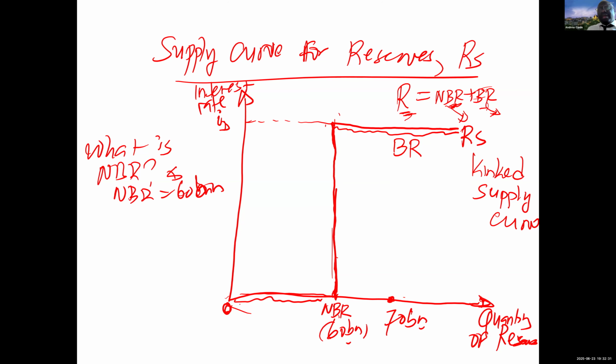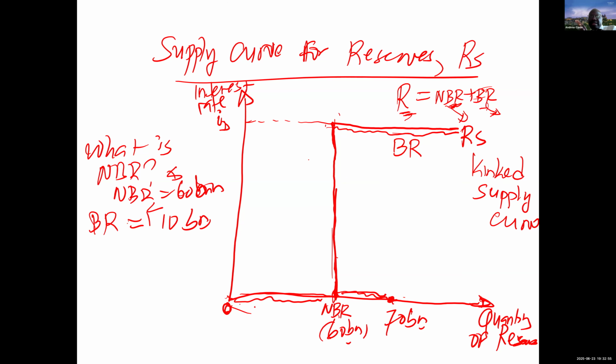Then going to 70 billion, on the flat portion of the supply curve, 70 minus 60 means borrowed reserves are $10 billion. You take $70 billion minus the non-borrowed reserves.